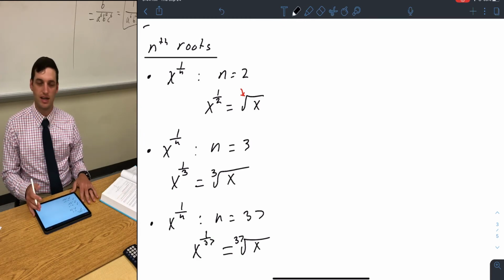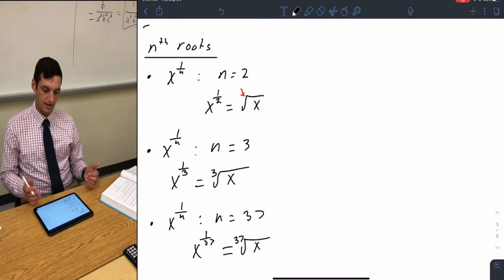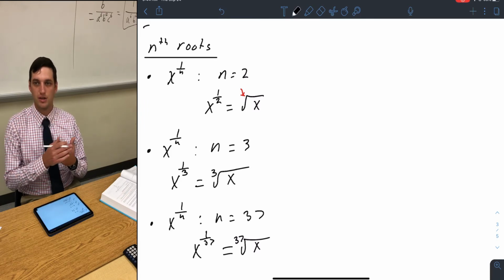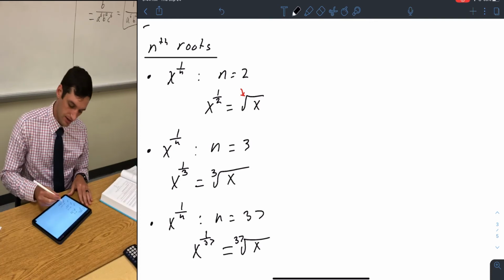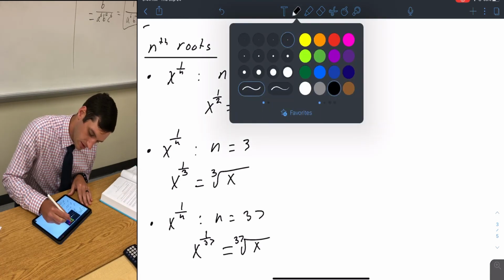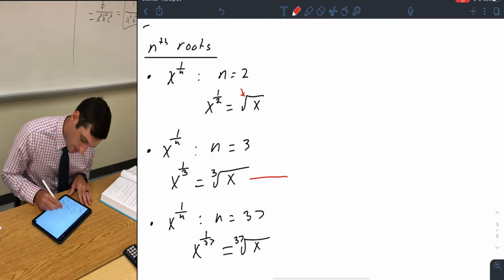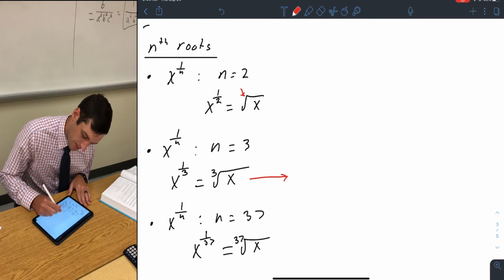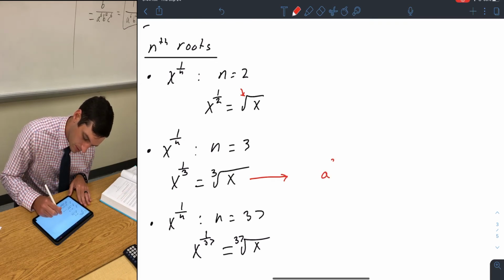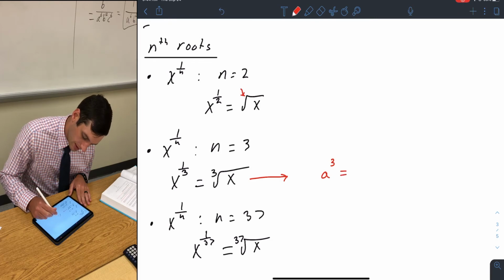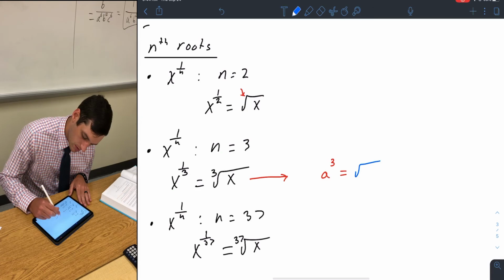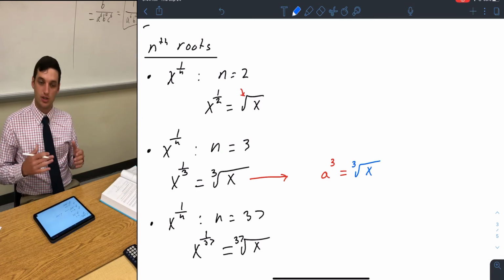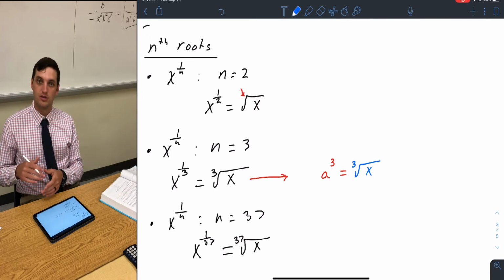So if you're kind of getting the gist there, an nth root, all right, I'm going to write this in red. This means that some number cubed is equal to the cubed root of x.